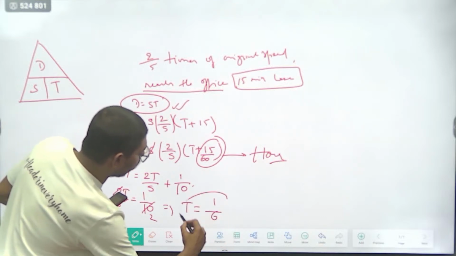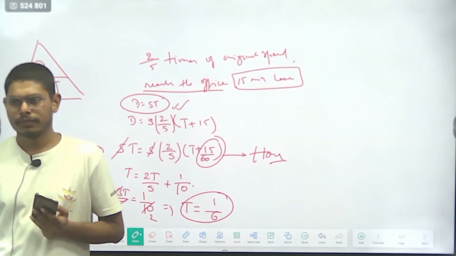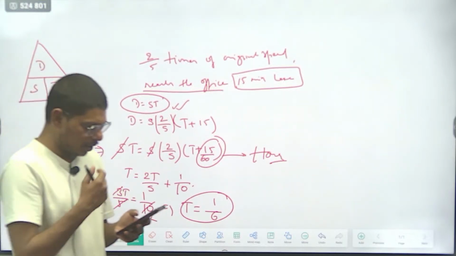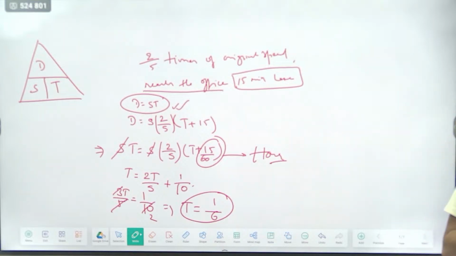T is equal to 1 by 6 hours. 1 by 6 hours means what? Is it 10 minutes? Right? Isn't it? So, if you guys are done with this, we will move to the next one.